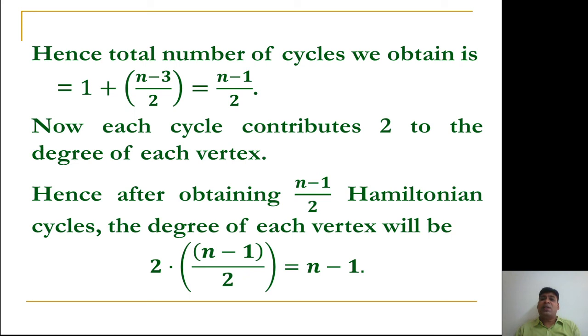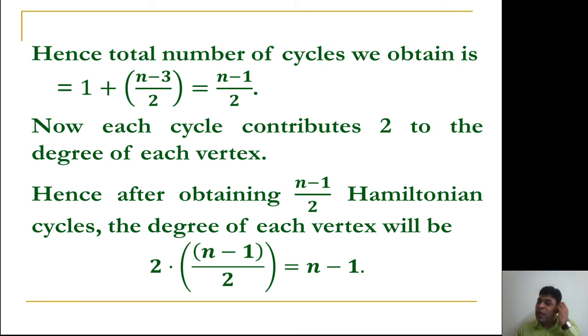The argument lies in this way: when you trace any cycle, any Hamiltonian circuit, it will include all vertices and it will contribute exactly 2 to the degree of each vertex. Every cycle, incoming and outgoing, incoming and outgoing. So every cycle will contribute 2 to each vertex.